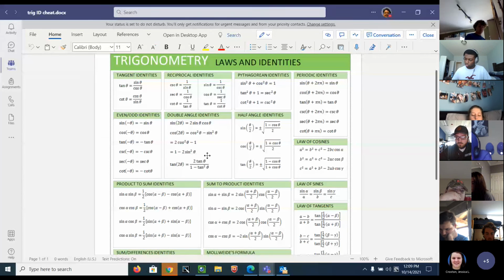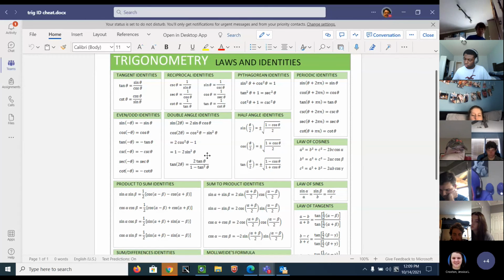Now, all students take calculus. 135 is in the second quadrant, so the cosine is going to be negative. You can either do a plus symbol and do a negative, or you can just go ahead and make it negative. I don't care which way you do it. The half angle identity says the cosine of theta over 2 is equal to positive or negative square root of 1 plus the cosine of theta over 2.